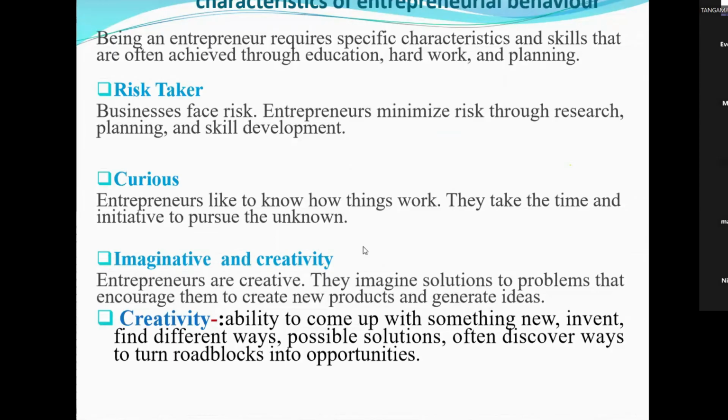They are also curious because entrepreneurs like to know how things work. They take time and initiative to pursue the unknown. They are imaginative and creative because they imagine solutions to problems that encourage them to create a new product and generate ideas.